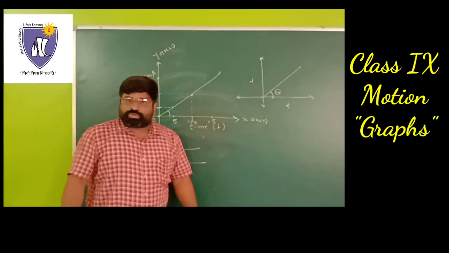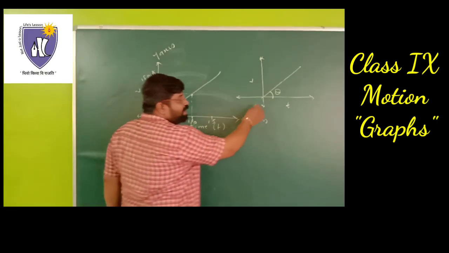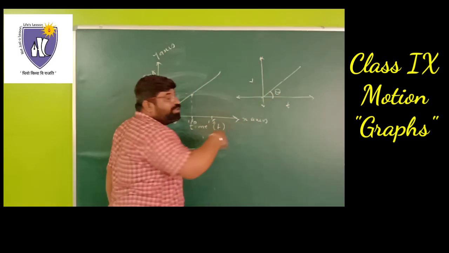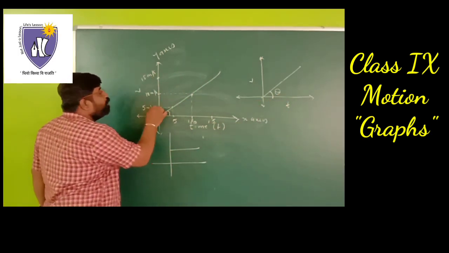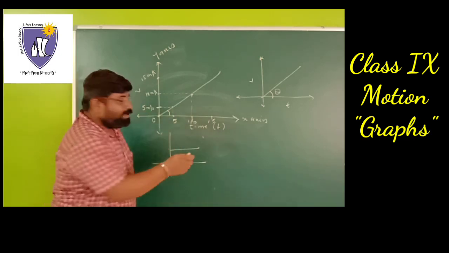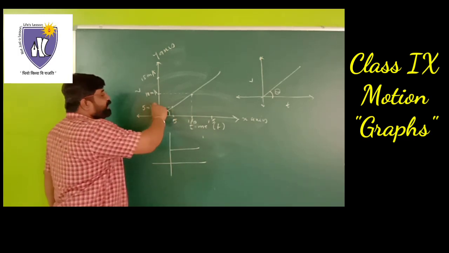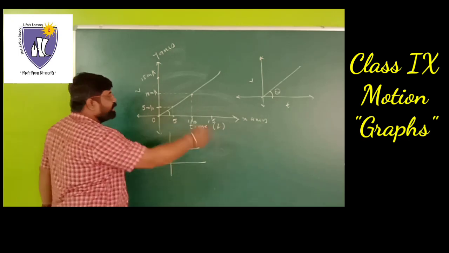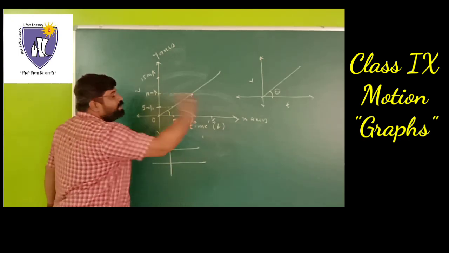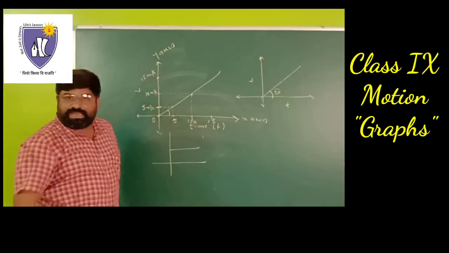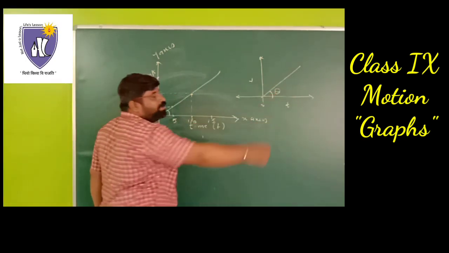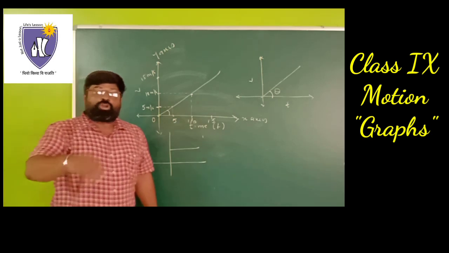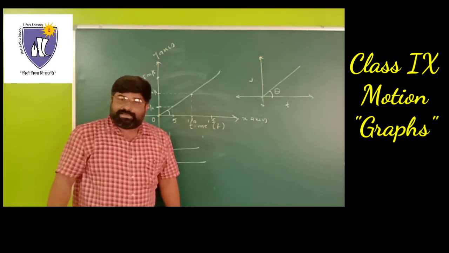What does this graph show? This graph shows that the object is uniformly accelerated, meaning the speed is uniformly changing. Like in 5 seconds the speed is 5 meter per second. In the next 5 seconds the speed is 10 meter per second. In the next 5 seconds the speed is 15 meter per second. So this graph shows the object is uniformly accelerated.